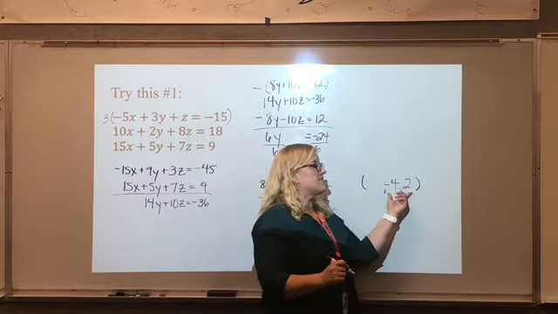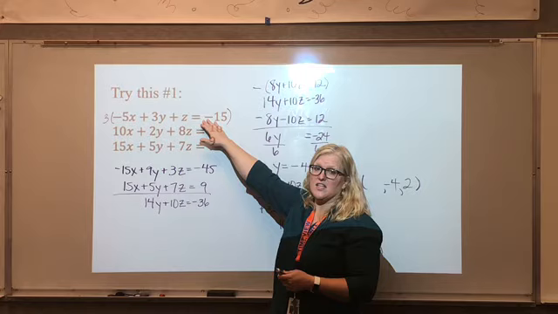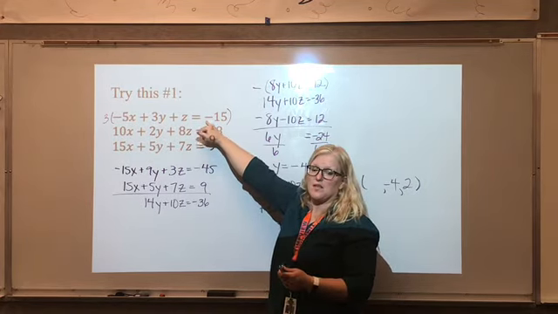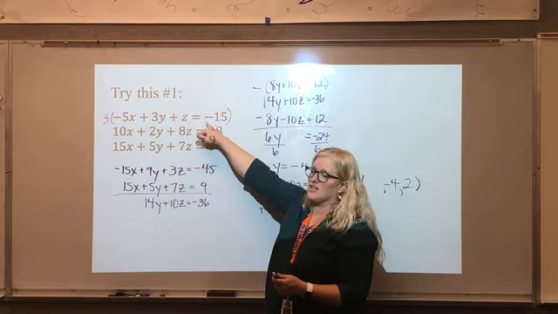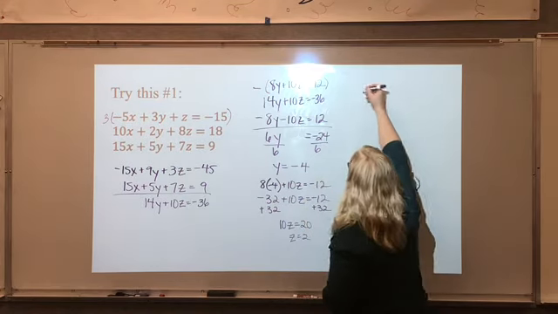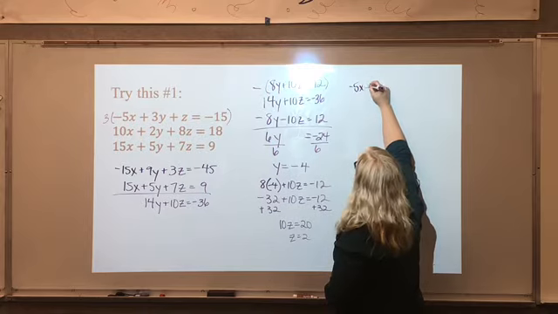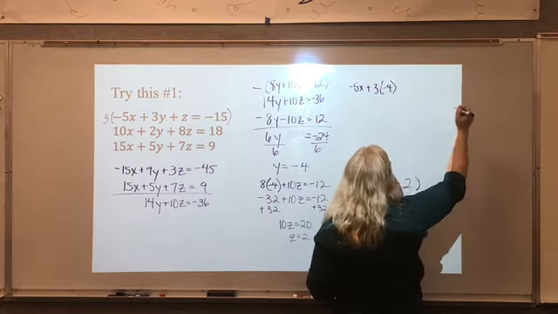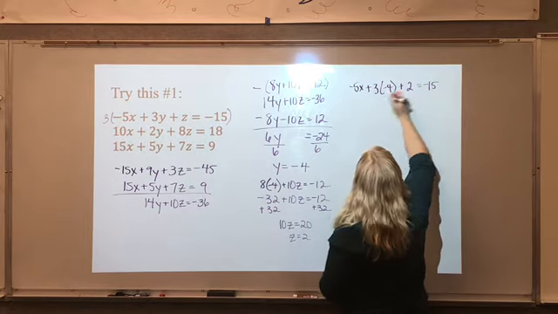And now that I have 2 of the 3, I can take those and plug them into one of these. And this one looks like it's the easiest. So I'm going to plug y and z into this equation to find x. All right, so negative 5x plus 3 times y, which is negative 4, plus z, which is 2, equals negative 15.